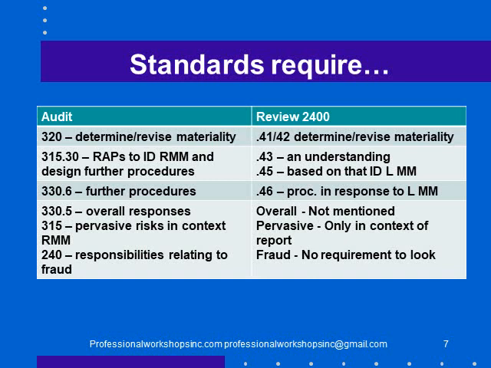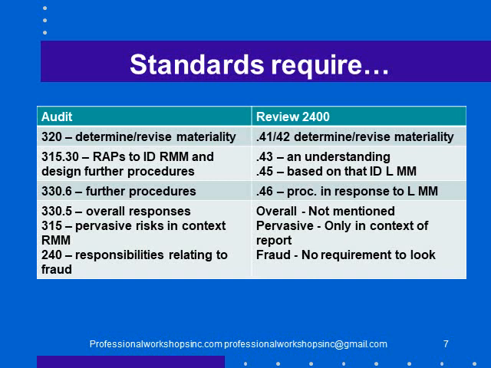Have an understanding, and based on that understanding, identify likely material misstatement. 330.6 says develop further procedures, and paragraph 46 says determine procedures in response to likely material misstatement, which might be none.